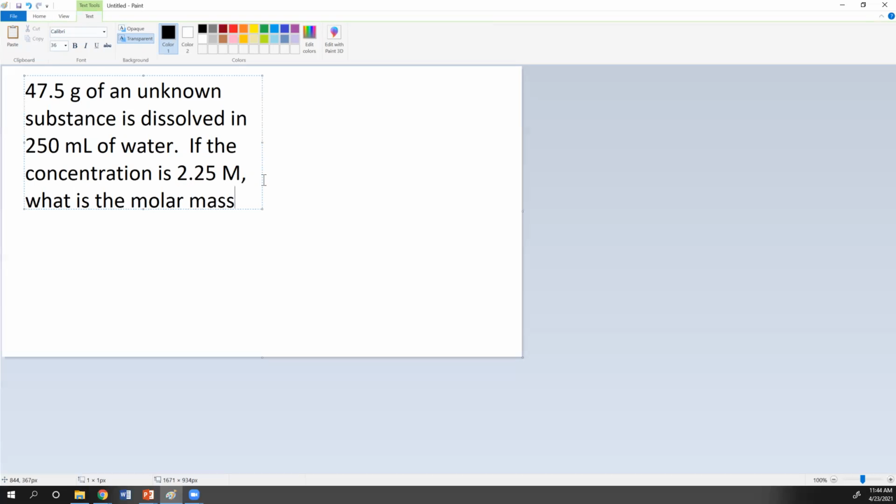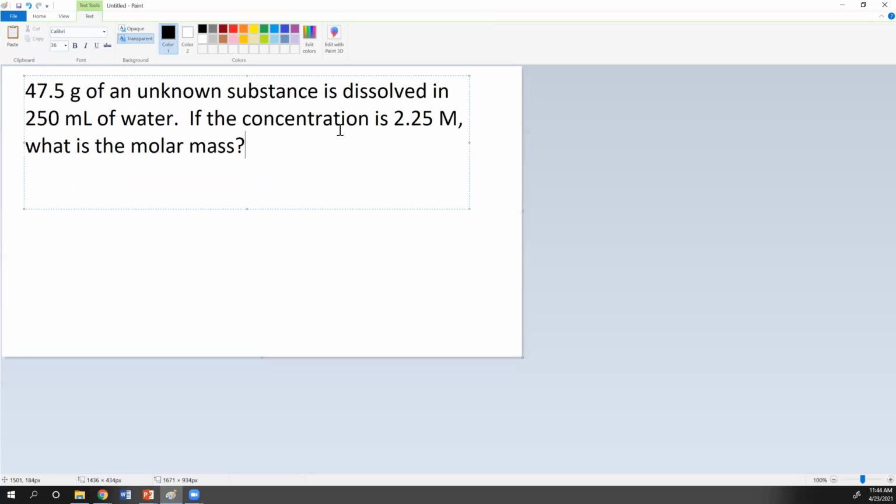All right, so there's our question. 47.5 grams of unknown substance is dissolved in 250 milliliters of water. If the concentration is 2.25 molar, what is the molar mass?